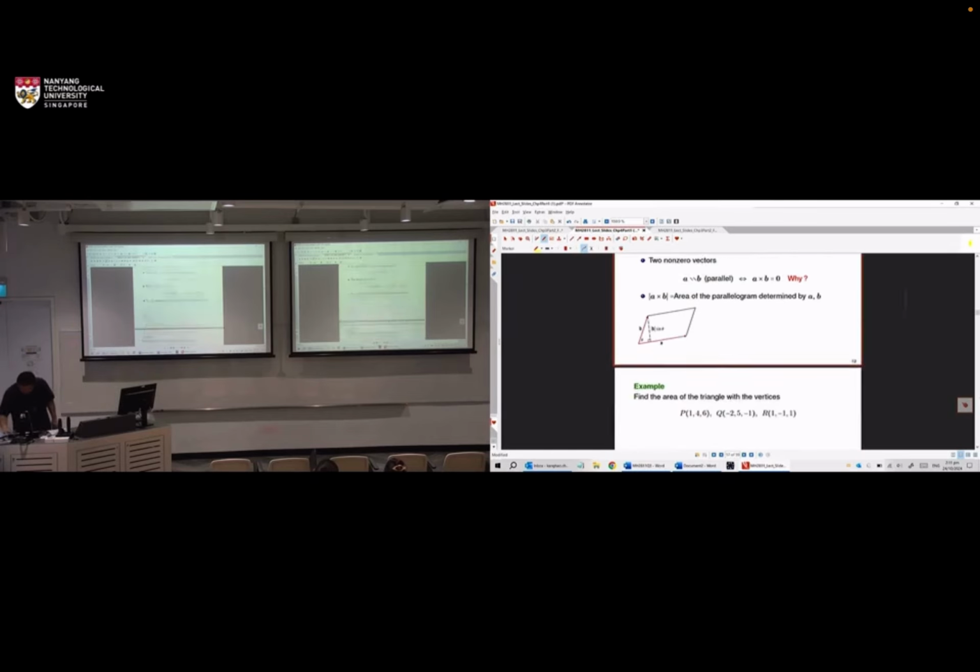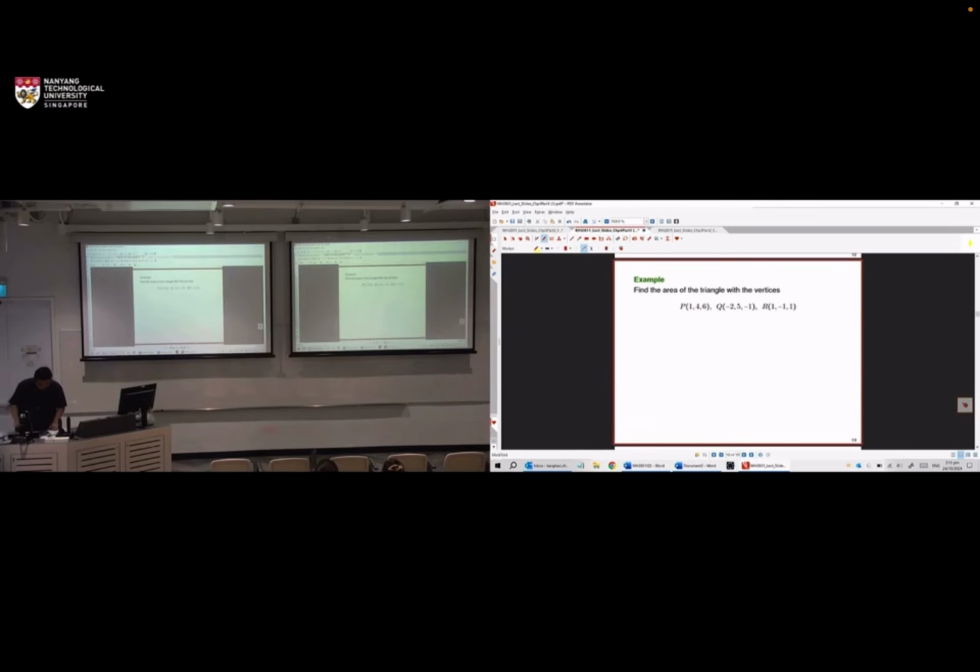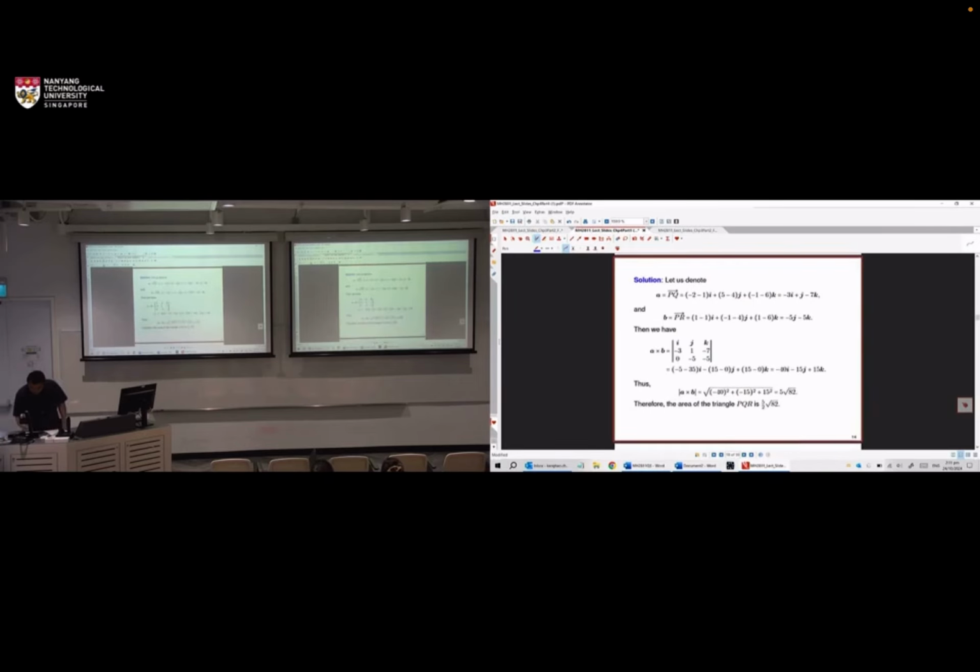Find the area of the triangle with vertices as follows. There's a triangle PQR. First thing first, you definitely need to find the vector PQ and the vector PR.